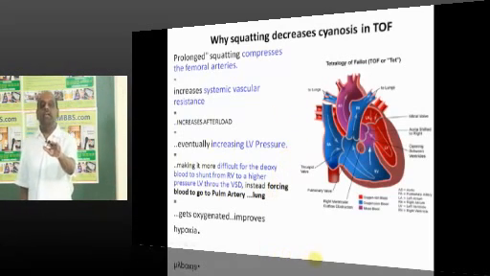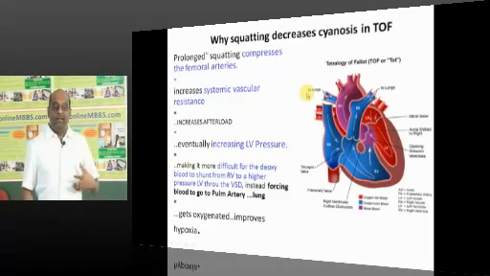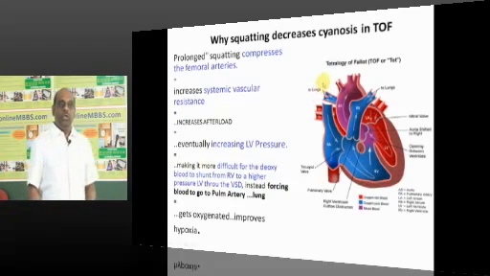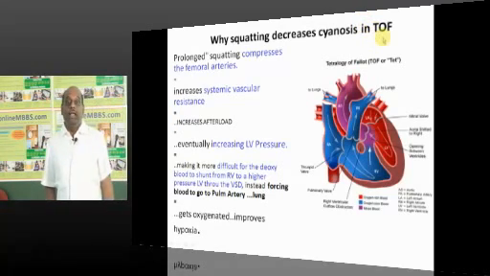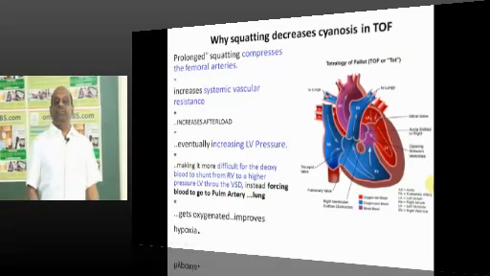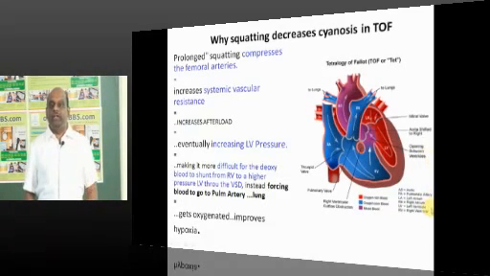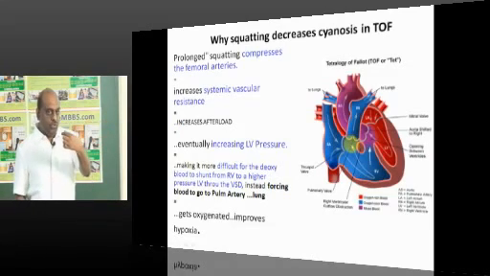So what are the three things that you give to the patient, doctor, who is having a cyanotic spell? You ask him to squat, you give him oxygen, and what is the cause of those cyanotic spells? Why is it suddenly going into cyanotic spells? The pulmonary artery root keeps going into spasm.